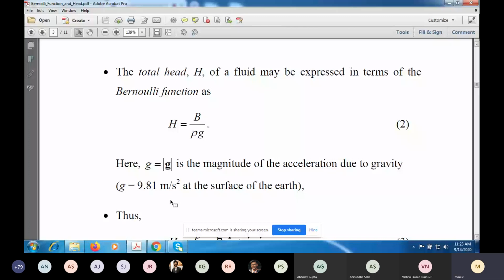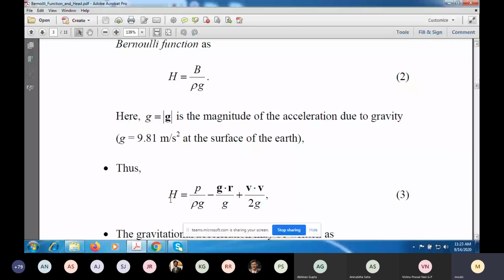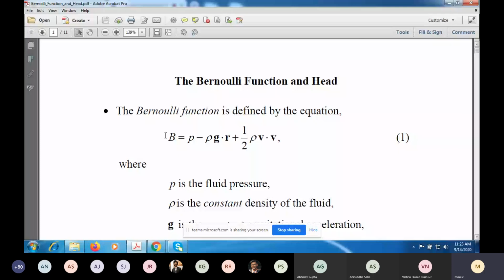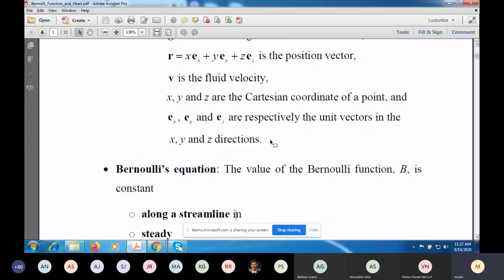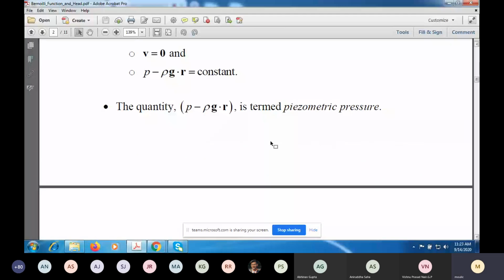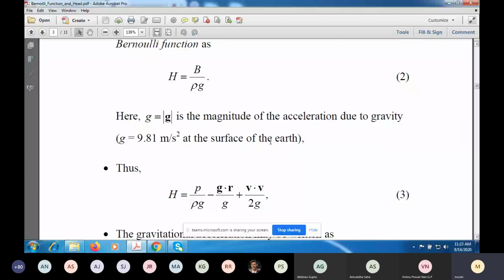Okay, so if I go back to the definition of the Bernoulli function and divide the left hand side by rho g, then each term on the right hand side will be divided by rho g, and then each term on the right hand side will have units of meters if you use SI units. So hydraulic engineers like to deal with units of meters.